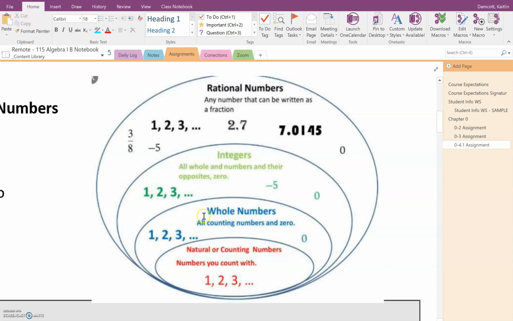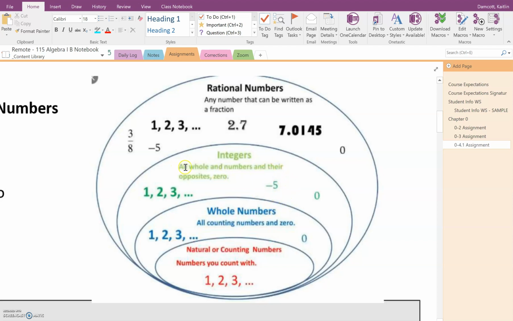And then we move to the next ring, which is our integers, which we worked with yesterday. So we actually practiced adding and subtracting, multiplying and dividing integers. So we got some calculator practice in there. But this is going to include both your whole numbers and your natural numbers, but then it's also going to include negative numbers.